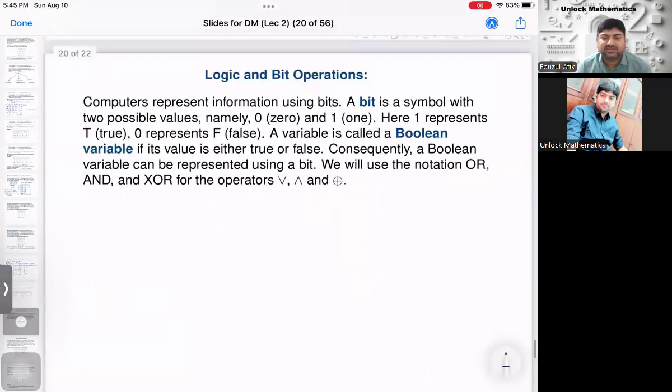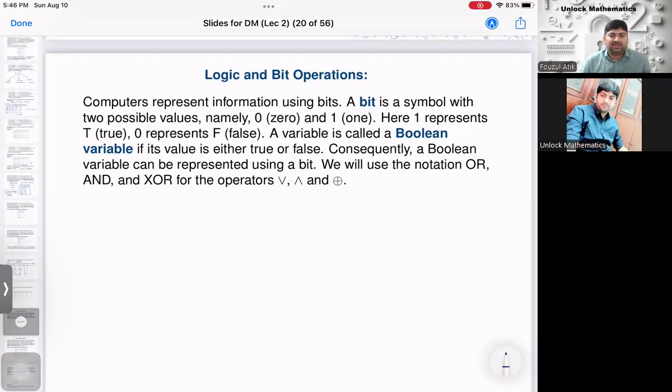And now, as I mentioned already, several students already know about the AND operator, OR operator, XOR operator. They have learned some gates in physics. You have understood the logic gate. So it is a similar kind of thing. There you had 0 and 1. Instead of 0 and 1, we have true or false. So 1 will be replaced by T and 0 will be replaced by F. But the logic is the same.